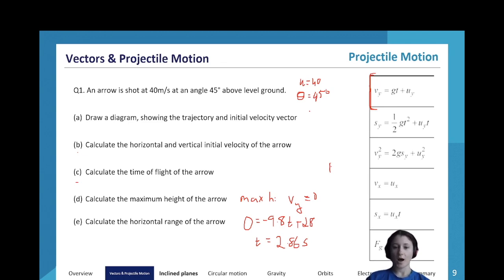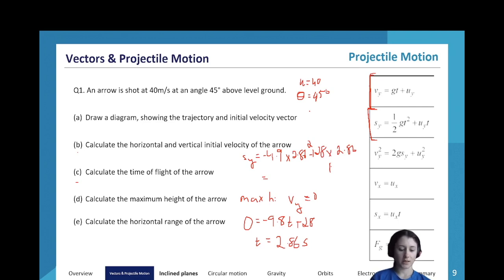Now, height is essentially the displacement in the y direction, so we can substitute this time in. We're going to have Sy equals negative 4.9, that's half times 9.8, times 2.86 squared, plus Uy, which was 28, times 2.86.